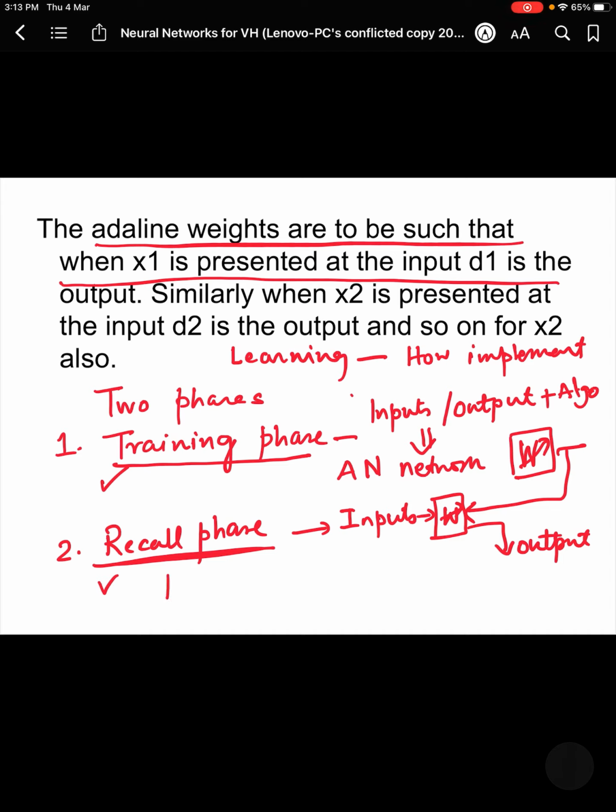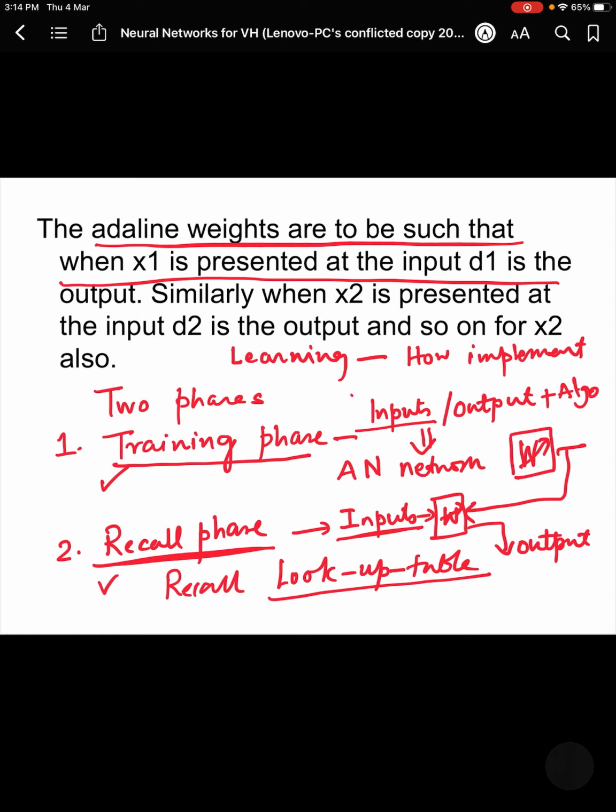Now when you talk about recall, you can say that if you simply have to give the input and take the output for which the network was trained, then it is better to have a lookup table. Why have a neural network? Because for the set of inputs you could make a lookup table and just see what is there in it. But in a neural network, the recall phase is not a lookup table.